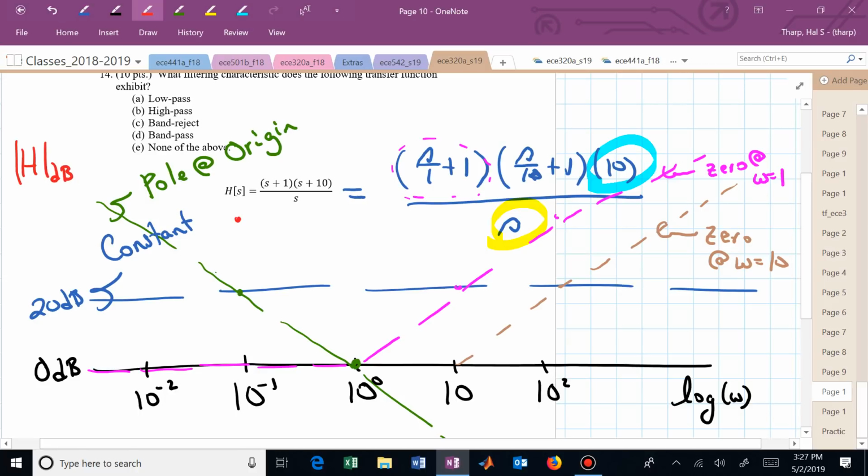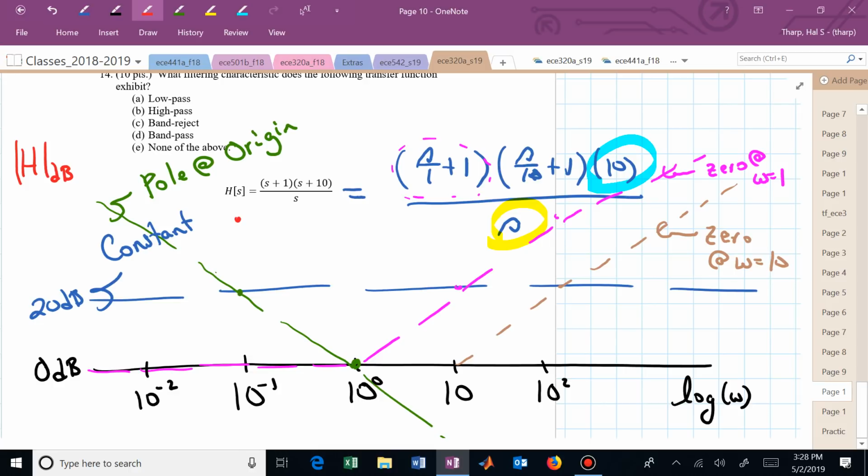And what do I do? I go to that frequency and I say, what is actually contributing magnitude? Well, I have 20 dB, and I actually have how much from my pole at the origin. I'm back 2 decades from when it was 0, and it's sloping at 20 dB per decade. It's contributing 40 at that point.